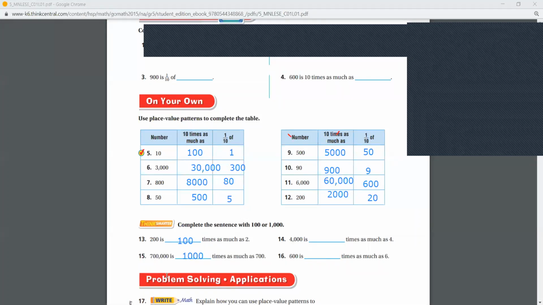Jana, 3 zeros. Are you able to understand? Yeah, kind of. 700 here. How many zeros do you see in 700? 2 zeros. What do you need to get 700,000?